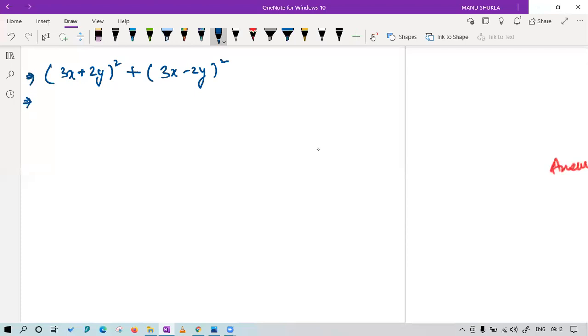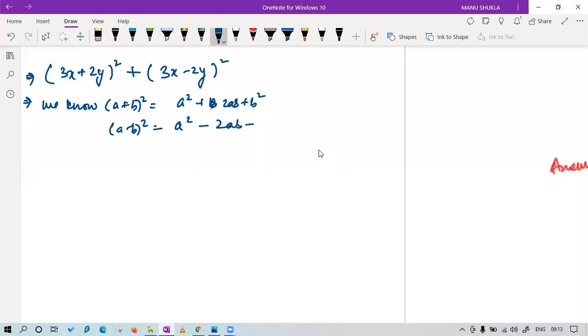We have to use the formula of (a plus b) and (a minus b) whole square. We know (a plus b) whole square is equal to a square plus 2ab plus b square, and (a minus b) whole square is equal to a square minus 2ab plus b square. Just put the values and you will get the answer.